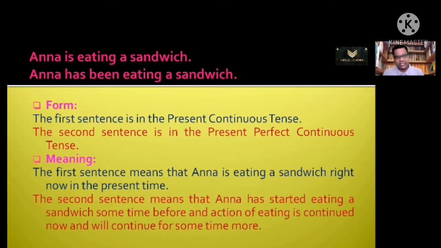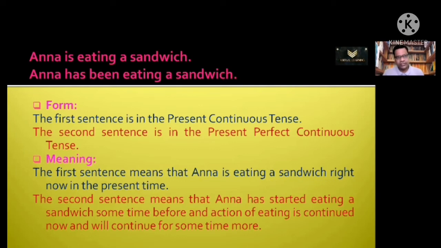Whereas you have the second sentence, Anna has been eating a sandwich. It means that Anna has started eating a sandwich sometime before, and the action of eating is continued now in the present time, and probably it will continue for some more time even in the near future.